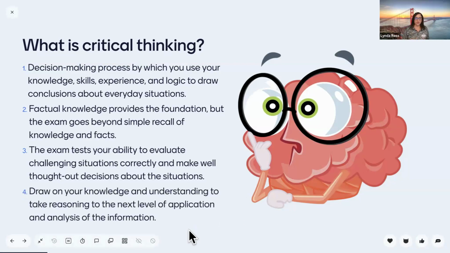So you draw on your knowledge, your understanding, and you take reasoning to the next level of application and analysis of the information. So that really is what critical thinking is in the healthcare professions. And we call this clinical reasoning and clinical decision making.